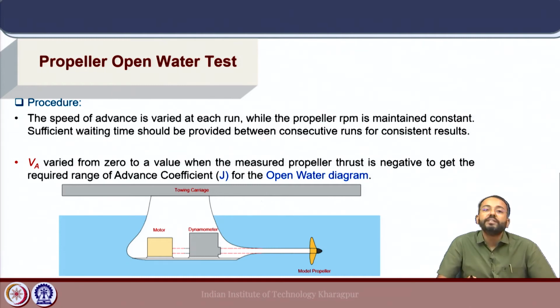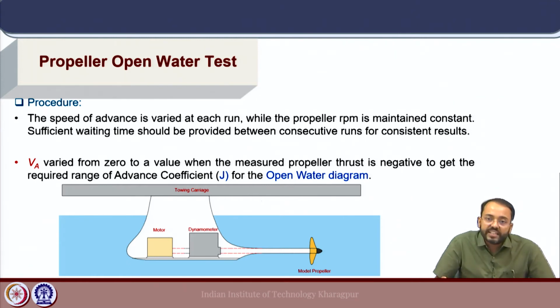So, in this way we change the J value and we calculate the coefficients finally from the measured thrust and torque from the dynamometer for each condition. For each particular condition, time has to be taken so that the data is acquired over a specific time as per the requirement, and between two tests sufficient waiting time should be given for the water to be calm so that the results are consistent, and there should not be any disturbance in the water which can impact the results of the thrust and torque which are obtained.